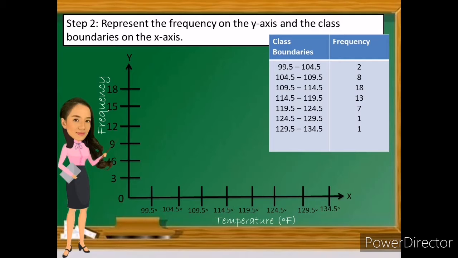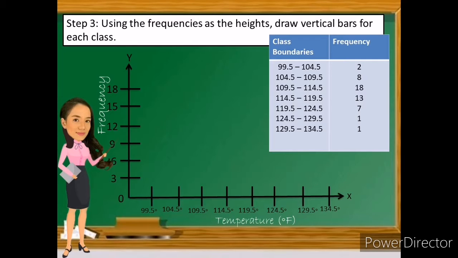So, in this particular example, we have temperature. Step 3. Using the frequencies as the heights, draw vertical bars for each class. So one thing we should always remember in constructing a histogram, bars should always be touching. Because like what we've said earlier, a histogram is a graph that displays the data by using contiguous vertical bars.